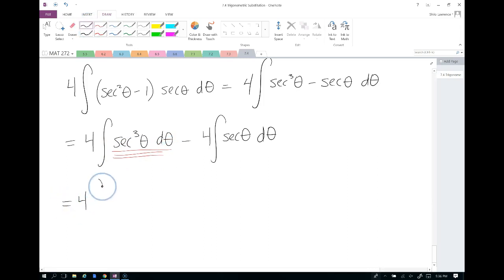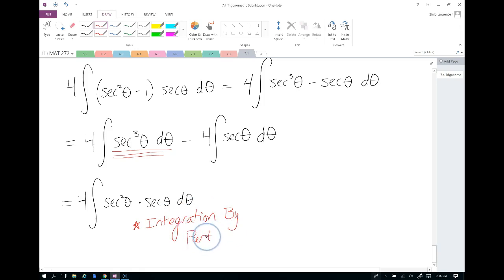So I'm going to write this actually as secant squared times secant. And I'm going to do integration by parts. And the reason I'm going to do integration by parts on this is because one of those functions is very easy to find the derivative for, and the other one is very easy to find the antiderivative for, while staying with nice simple trig functions.